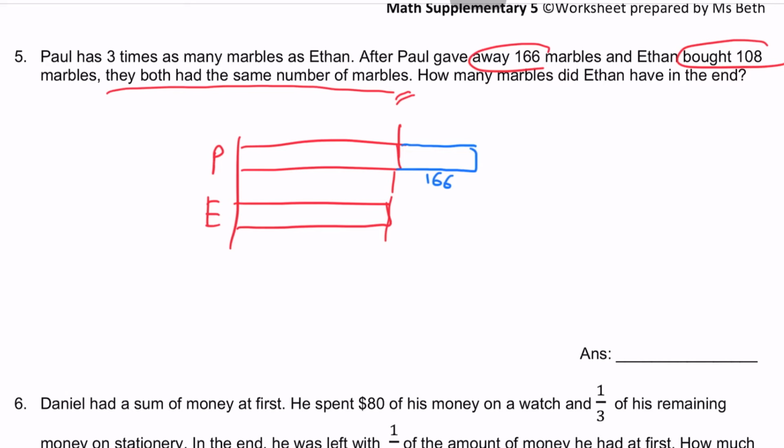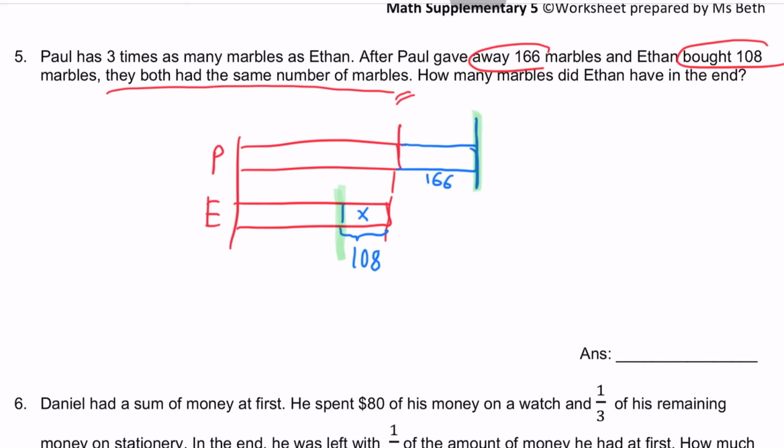That's for before. And as for Ethan, he bought 108 marbles. So I'm going to take away that 108 that he bought, which means he initially did not have this portion. Okay, so our before model is drawn up till this point. Ethan is here and Paul is here.